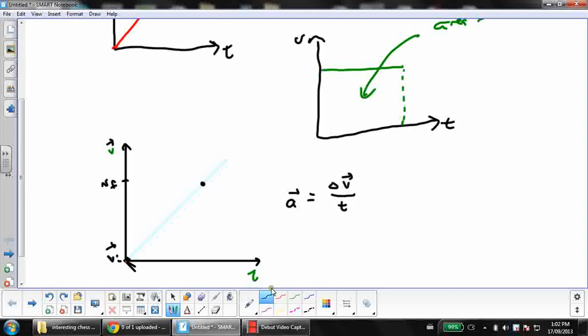So I need a couple values. I'll make it in green. This length right here is delta V, VF minus VI, and this one right here would be, try and go along the axis as much as I can, this would be delta T, or just T. So, which is equal to the slope on a VT graph.